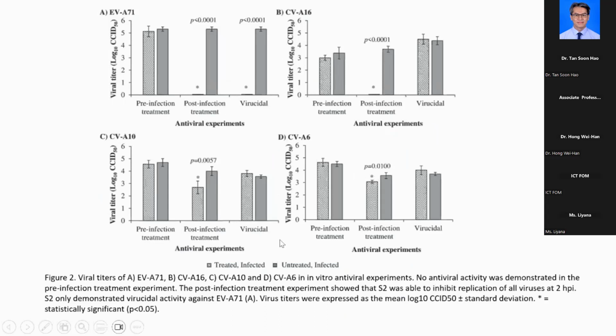So basically, this extract, S2, has post-infection effects, meaning it can limit the viral replication once the virus has entered and started replicating in the cells. But EV71 is a bit special. It can also inhibit attachment to the cell receptor if you mix or expose the S2 with the virus first.